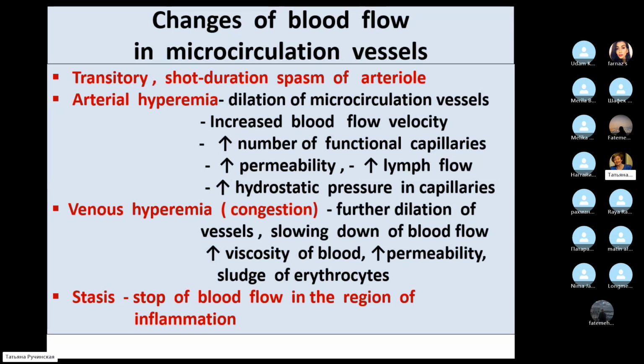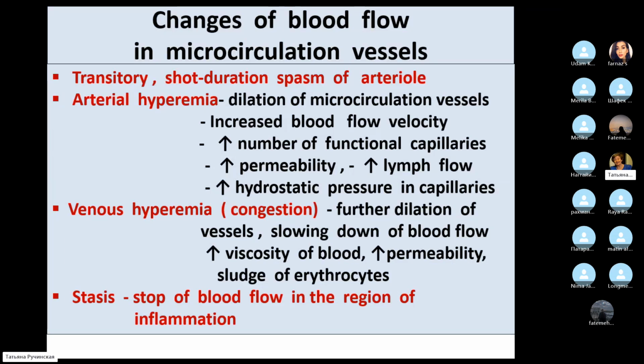Arterial hyperemia appears when the microcirculatory vessels dilate. Both arterial and venous inflow increase. There will be increased blood flow velocity, increased number of functional capillaries, increased permeability, increased lymph flow, increased hydrostatic pressure in capillaries.